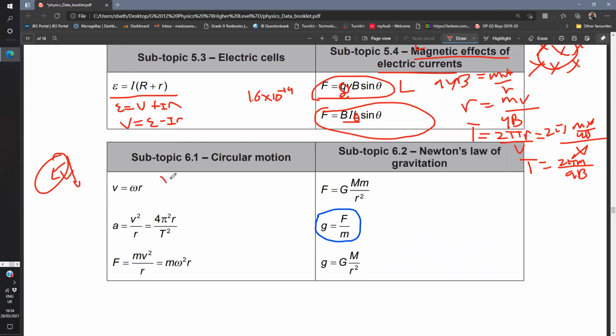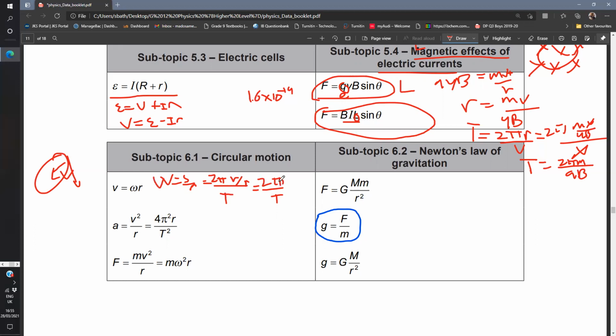So we always know that v is equal to s over t, the circumference 2 pi r over T. Sorry, this is omega.